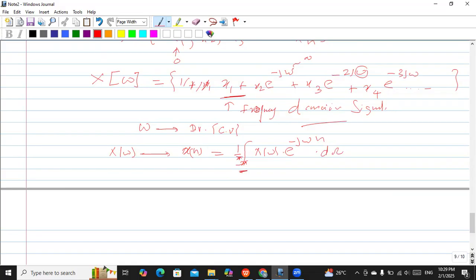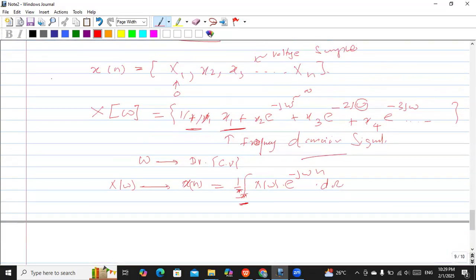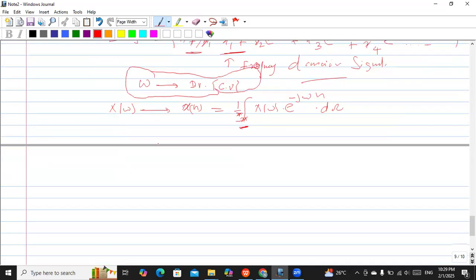That is why we need to have integration. We can't get a summation. But here, when we convert x[n] into X(omega), we can get the summation. So that means this omega is not a discrete variable, it is a continuous variable.